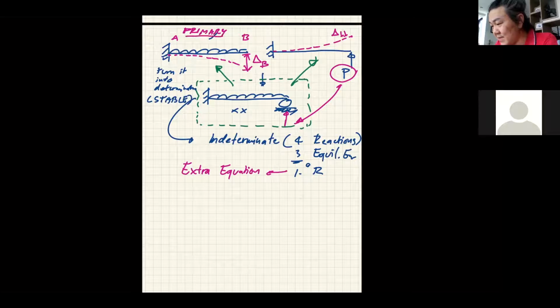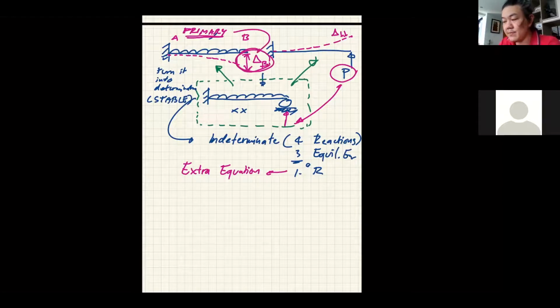A primary structure is a determinate structure whereby you can analyze the structure with your statics. And the fact that we remove the unknown until we have the primary structure will enable you to calculate this delta B. Okay?